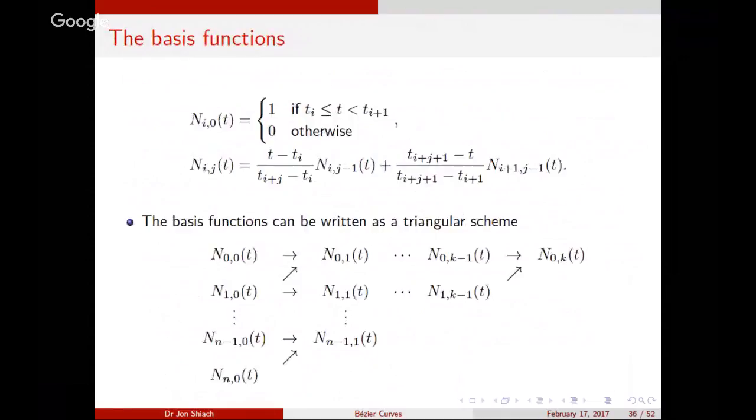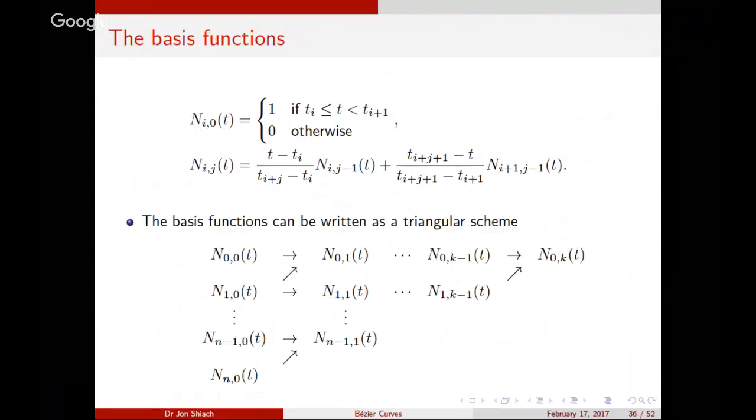In Bezier curves, we looked at de Casteljau's algorithm. This is the same thing with B-splines. This N_0,k over here is your point on the B-spline, your coordinate for the parameter t.